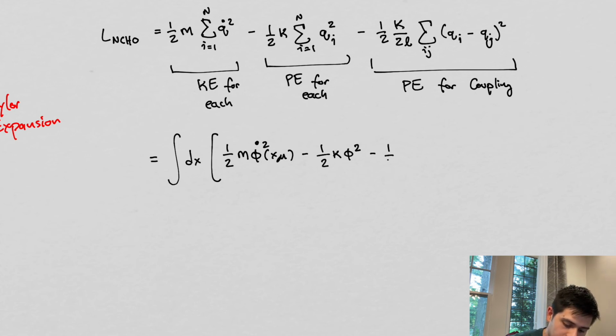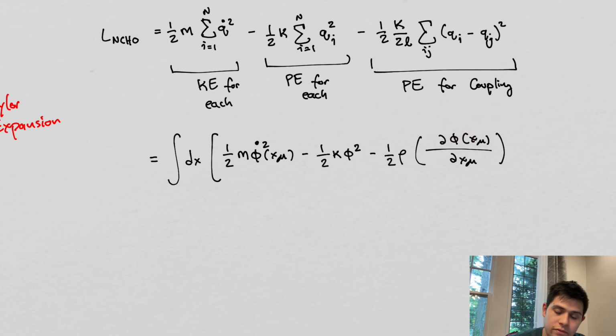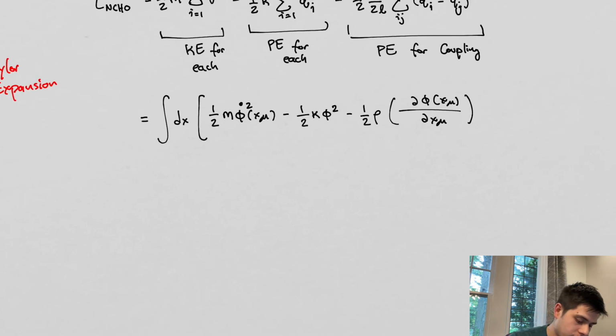And then we have 1/2 rho, and this is the change in phi. Because this here is a difference between the two. So this is the difference between two neighboring partners as you decrease the distance between them. So there is our non-coupled harmonic oscillating system in terms of an integral.